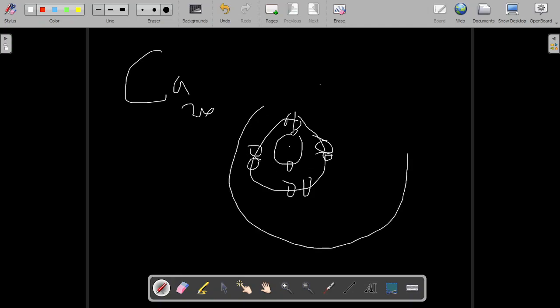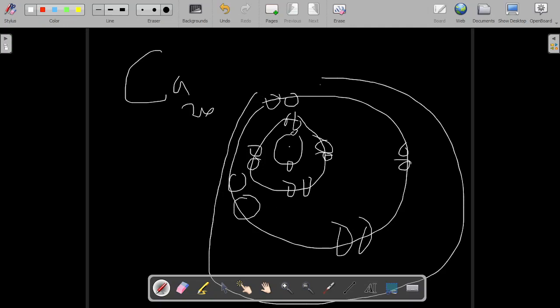Then 11 12 13 14 15 16 17 18. Oh, it remains 2 here. Then 19 20. So that was how we are supposed to do it.